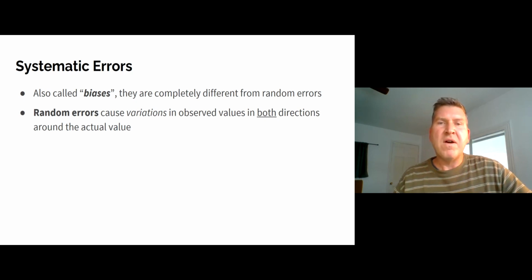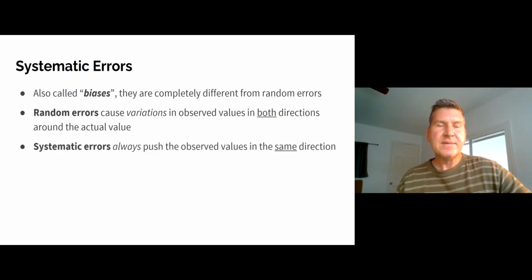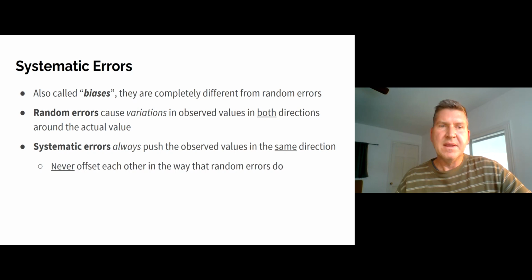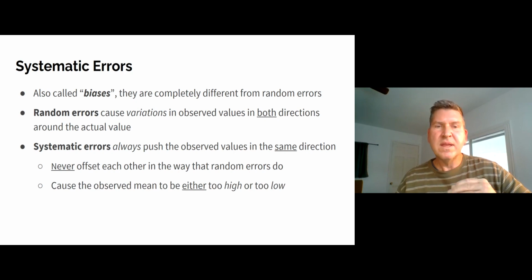But overall, we can see that there's bias in either direction, and there's an equal chance of it. A systematic error pushes the observed values in the same direction. So they don't offset each other the way random errors do. Therefore, the observed mean might be too high or too low.